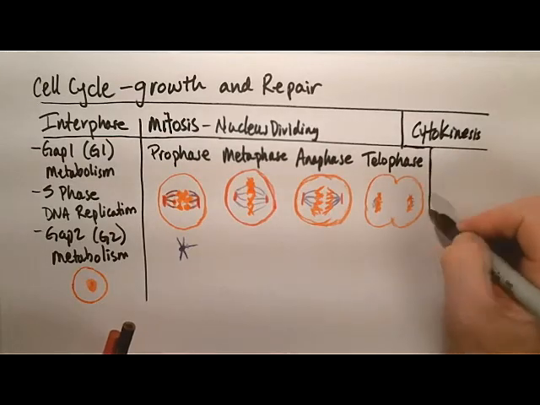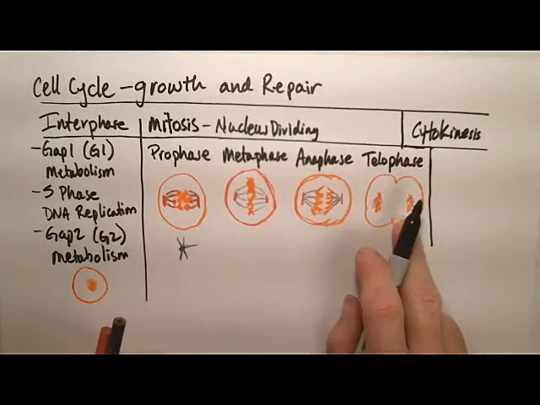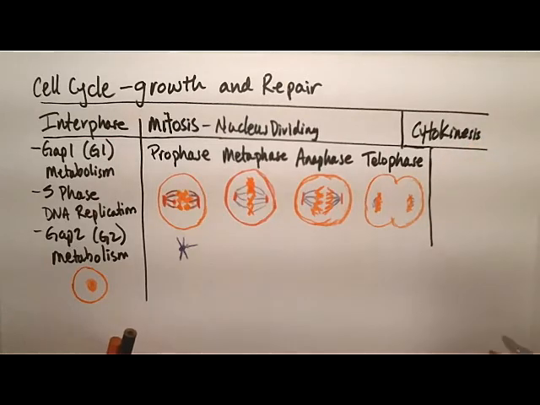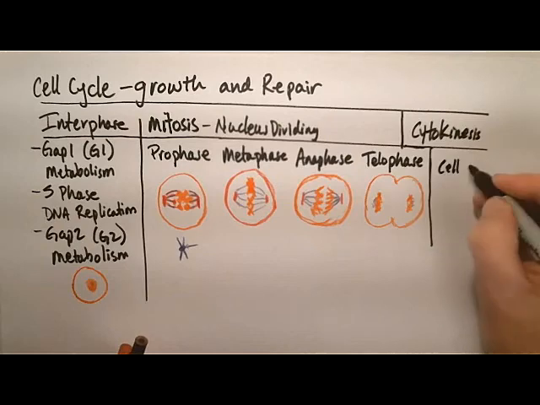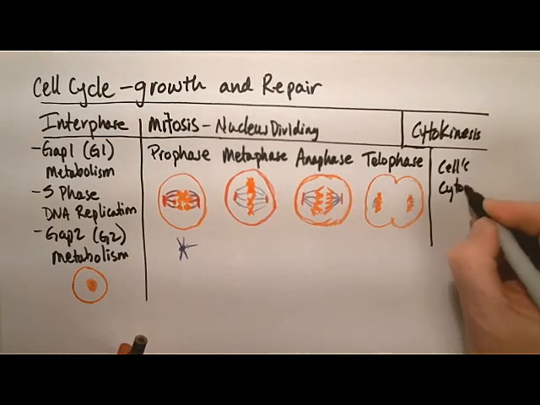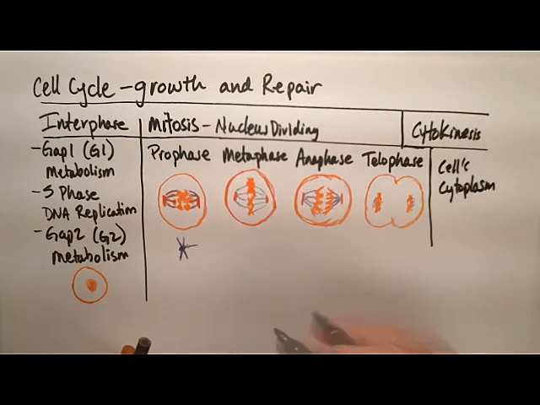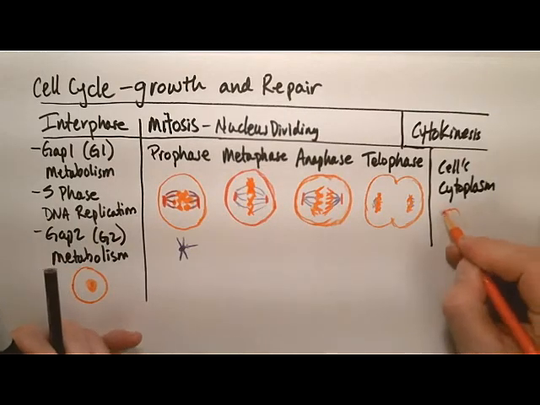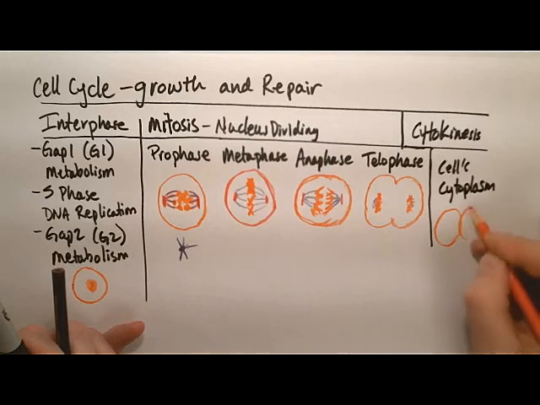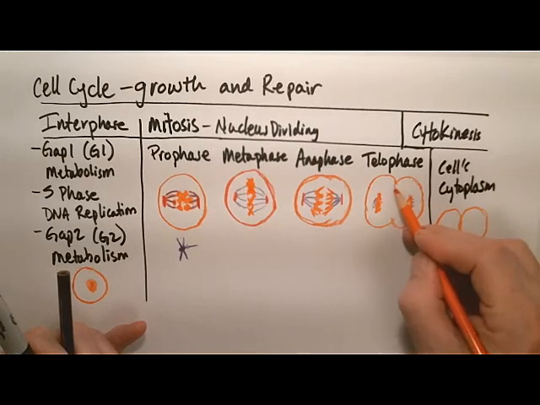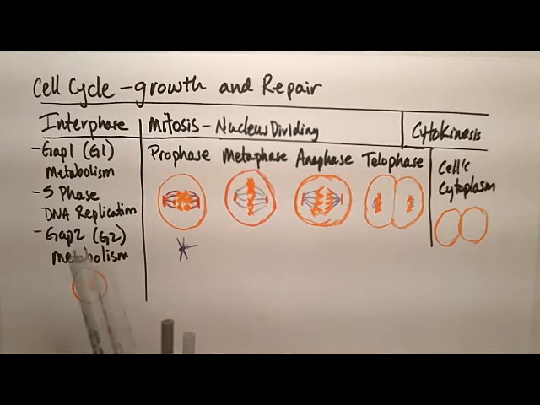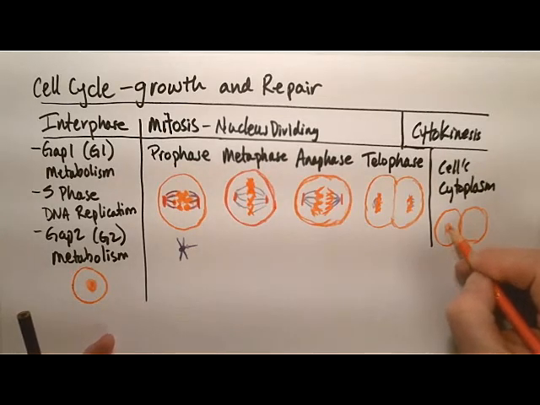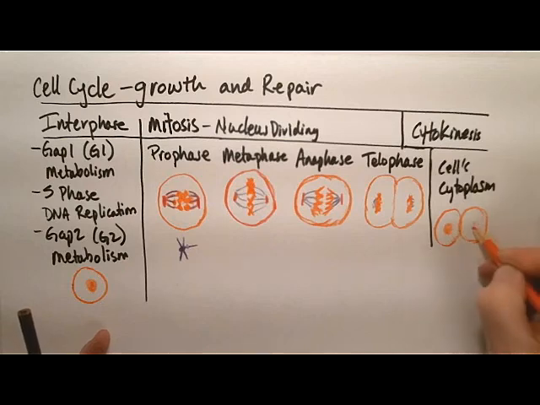So even though mitosis hasn't quite finished, cytokinesis begins, and this is where the cell cytoplasm divides and the organelles are divided up, so that you end up at the very end really having two new cells. In a plant cell, a cell plate will form, but you're basically ending up getting two new cells, and you have your nuclear membrane reform.